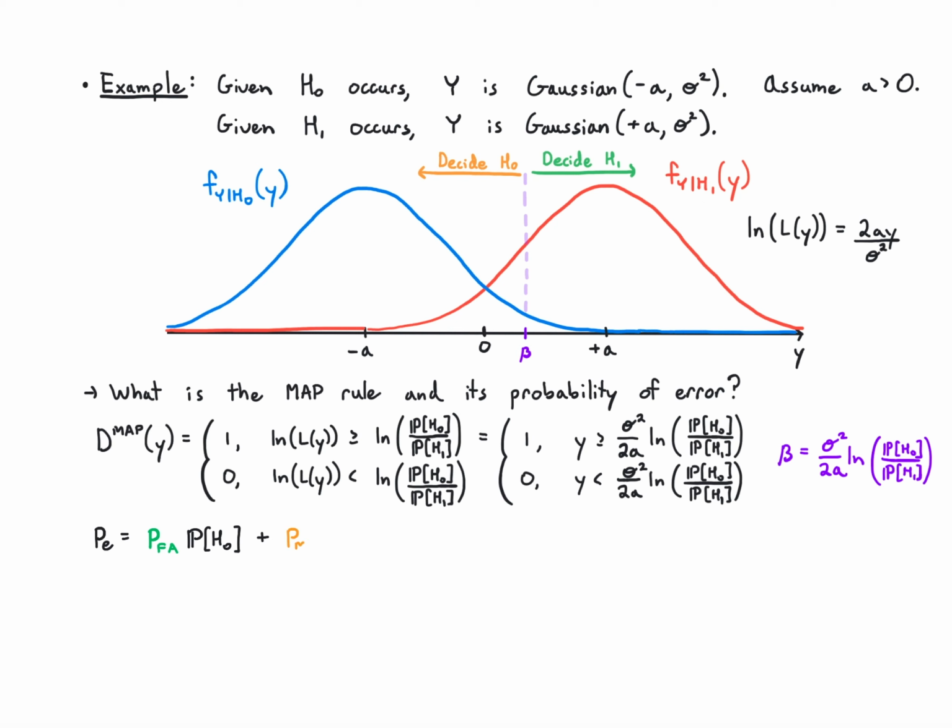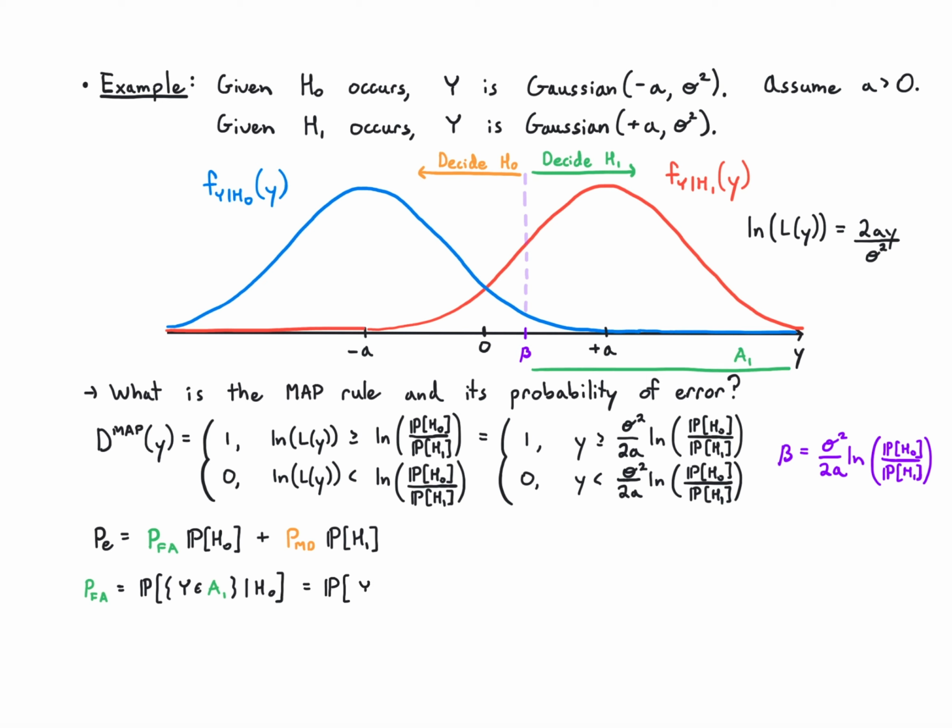The regions I'm going to get for the false alarm and misdetection are just by integrating on the other side of that line, and adding them up by weighting by the probability of the hypothesis gives me the probability of error. So probability of false alarm is when y falls into the decision region for 1, A1, under H0. The decision region for 1 is this part to the right of beta.